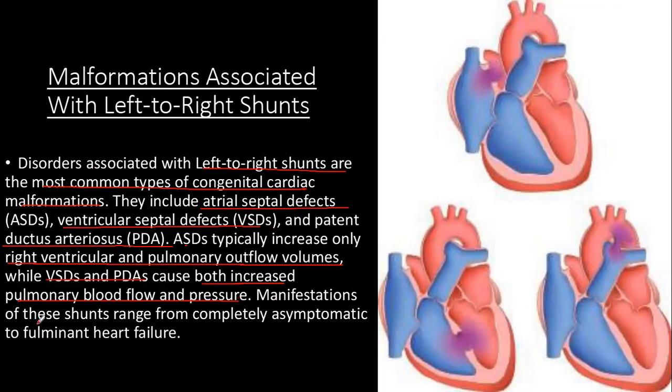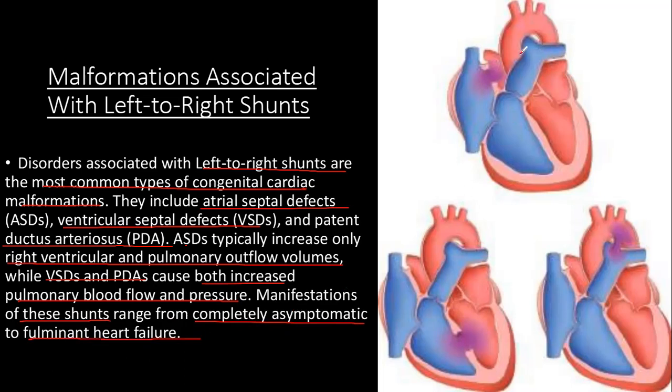Manifestations of these shunts range from completely asymptomatic. A left to right shunt can be asymptomatic, but upon shunt reversal or with chronic left to right shunts can result in right-sided heart failure.